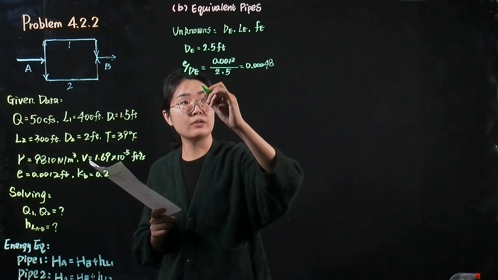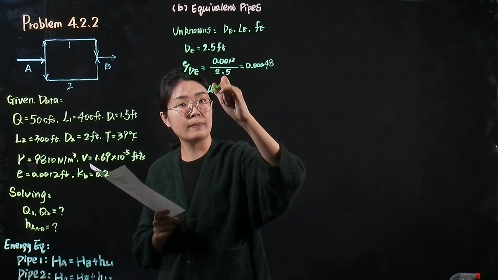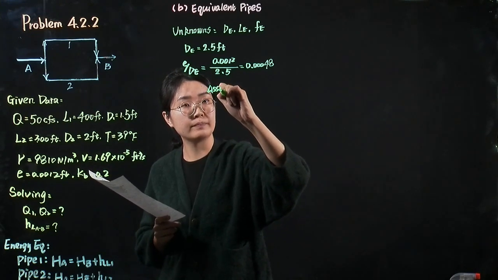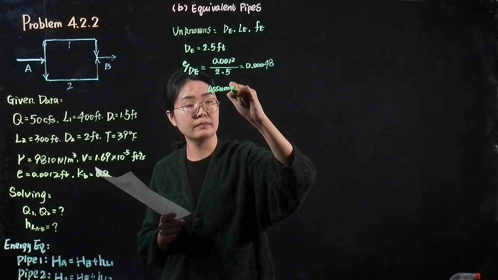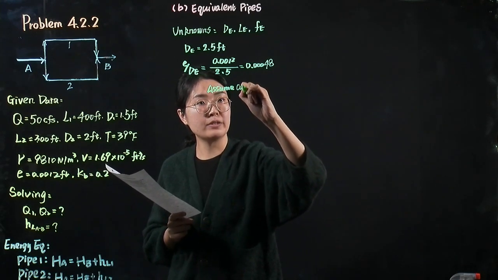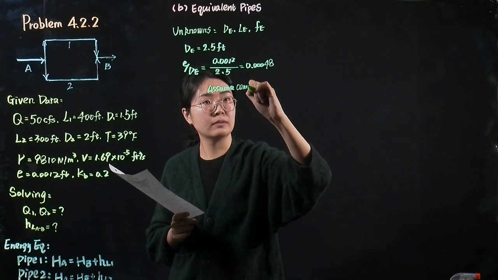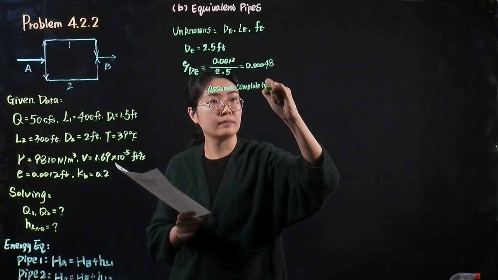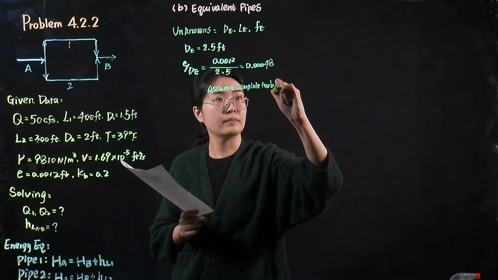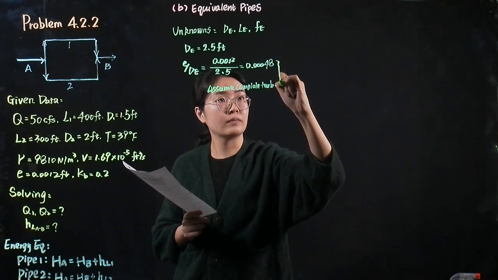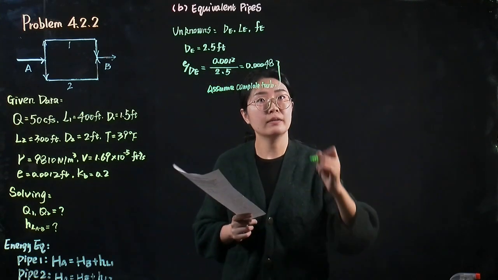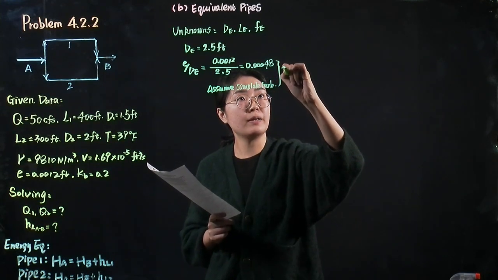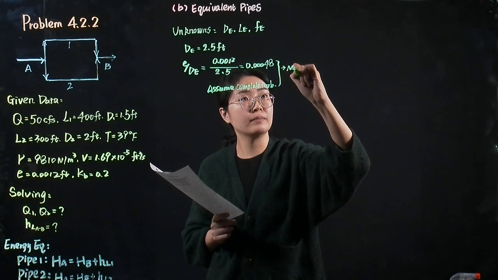And because we assume it's a complete turbulence flow, then we can get a friction factor by reading the Moody diagram.